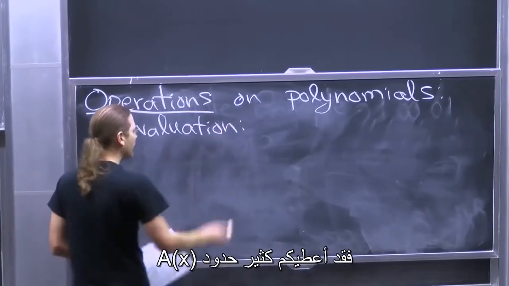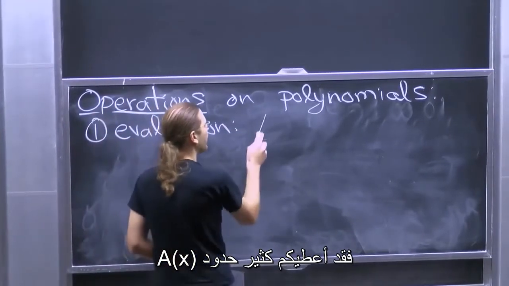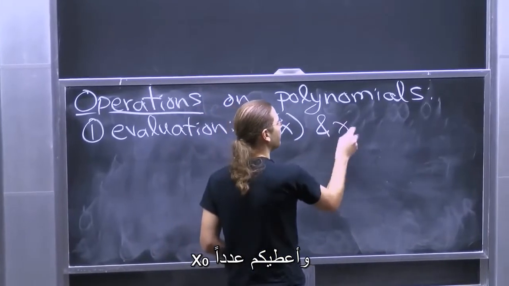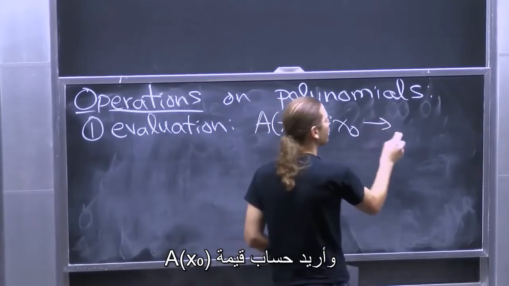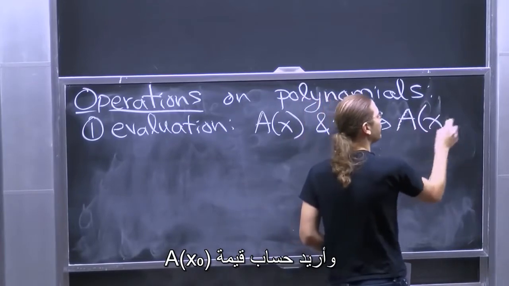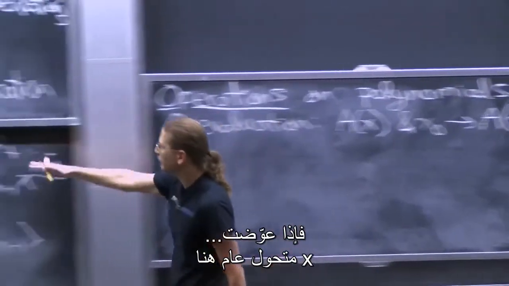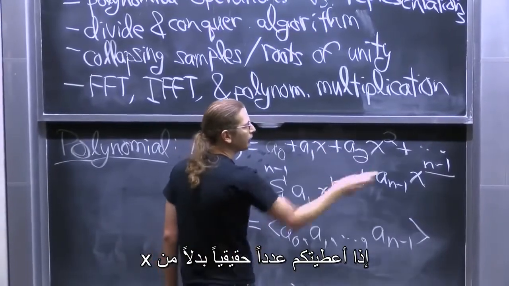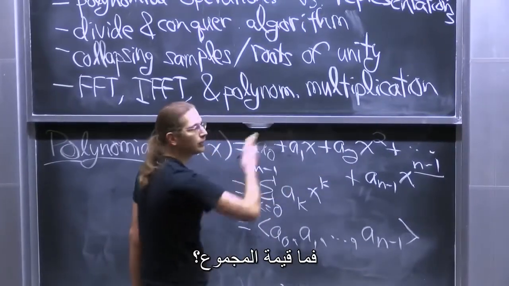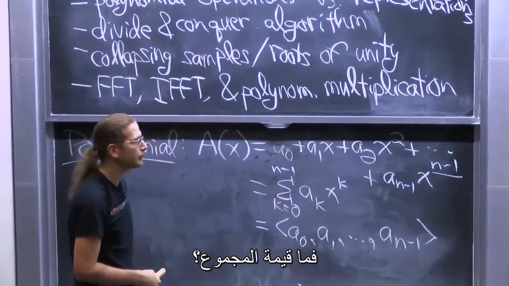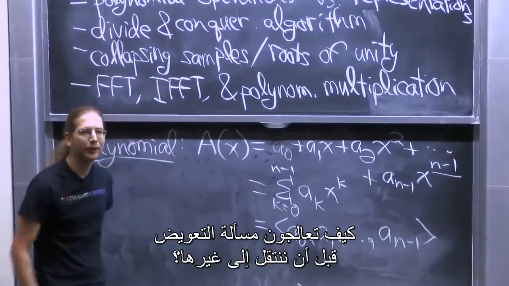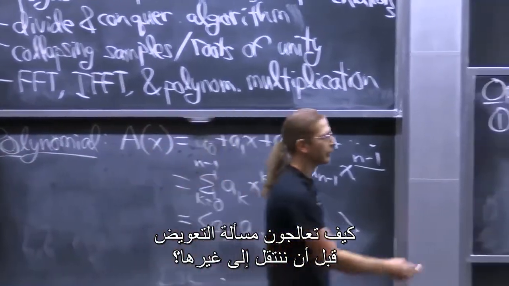So maybe I give you a polynomial, A of x, and I give you a number, let's call it x0, and I want to compute what is A of x0. So if I plug in x here is a general variable, but if I give you an actual real number for the x's, what does that add up to? Okay, so how would you solve evaluation before we go to the other operations?